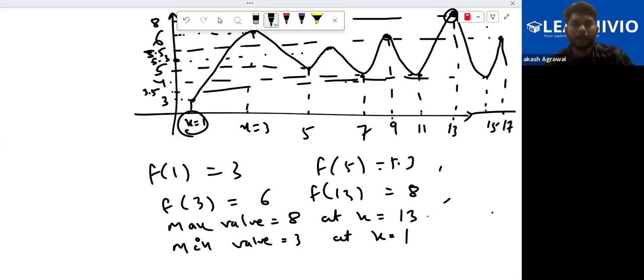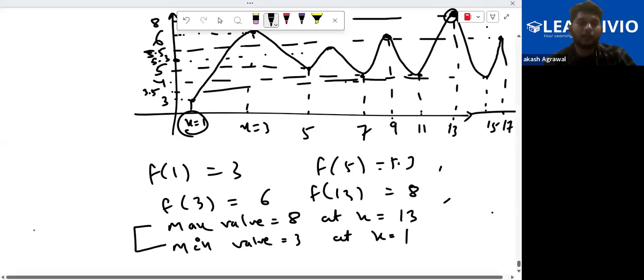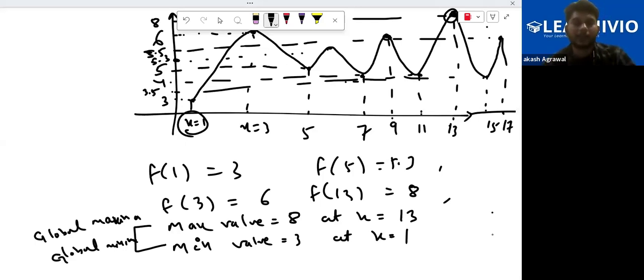Okay. These things are called global maxima and global minima. That means overall in the complete function, that is the maximum value.